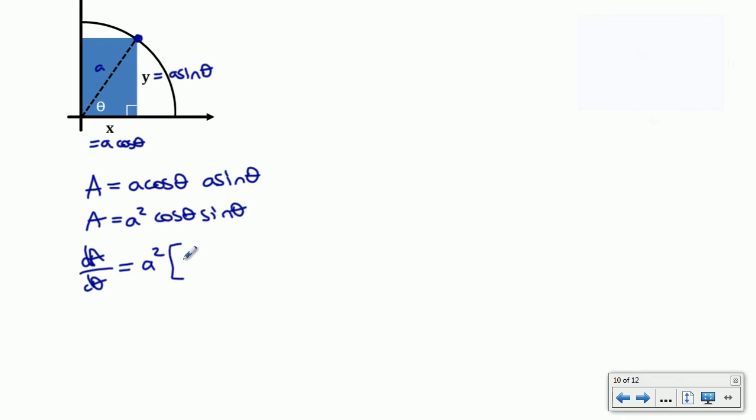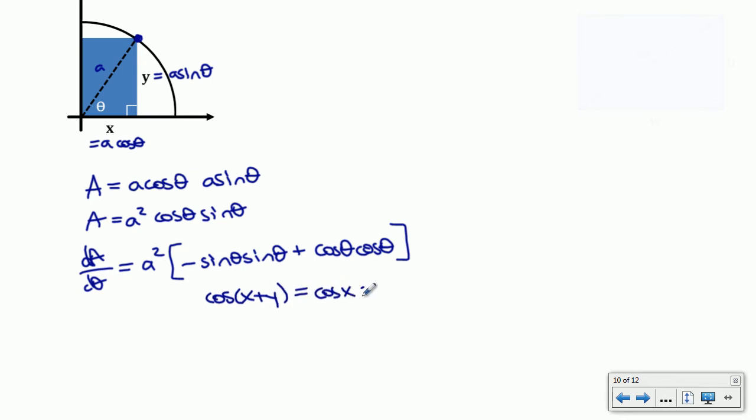So it's going to be negative sine theta sine theta plus cos theta cos theta. Now I can use an identity with this, knowing that cos(x+y) equals cos x cos y minus sine x sine y. So I can simplify this a little bit to be cos of 2 theta.